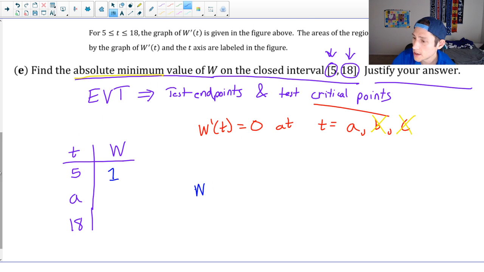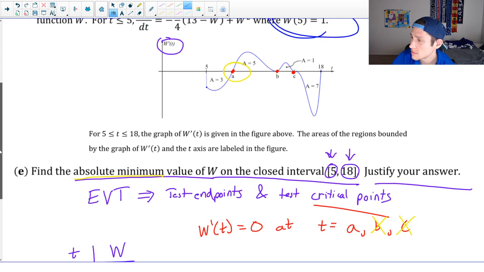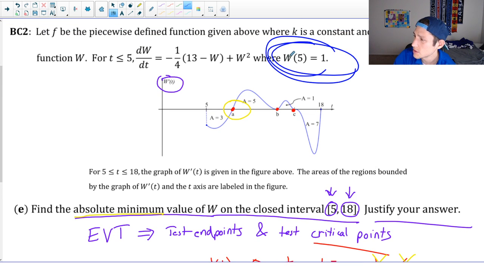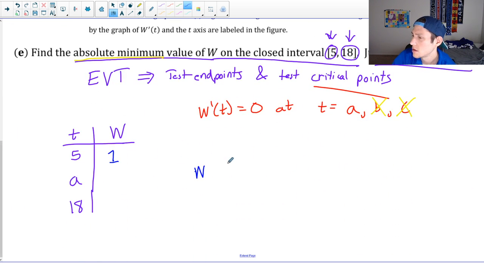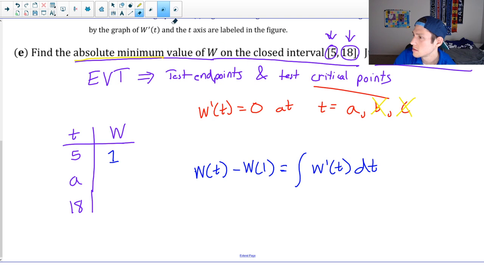And when we're trying to create an expression for a function that is the integral, we always want to use our initial value. Okay, so let's say W of t minus W of 1. From the fundamental theorem of calculus, that represents the integral of W prime.